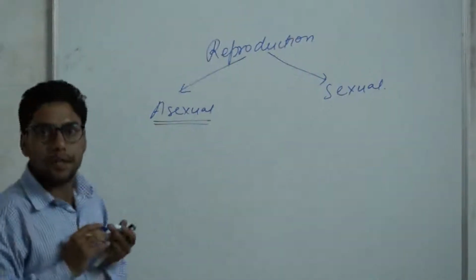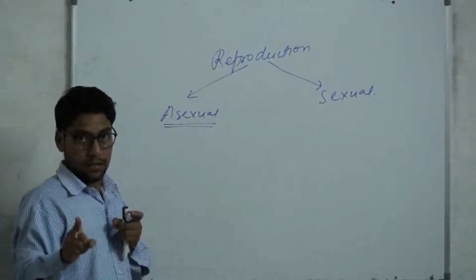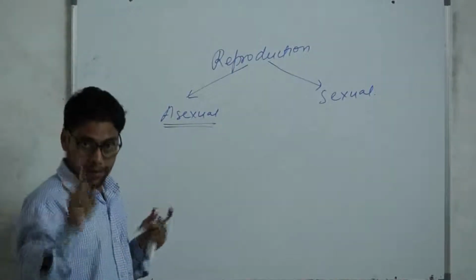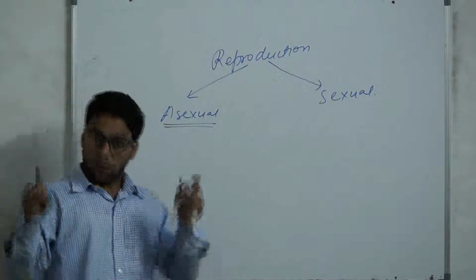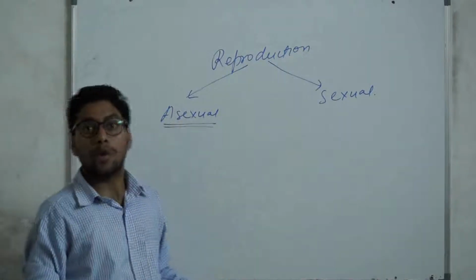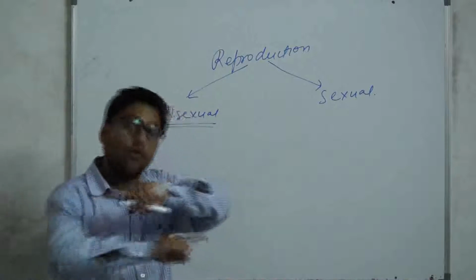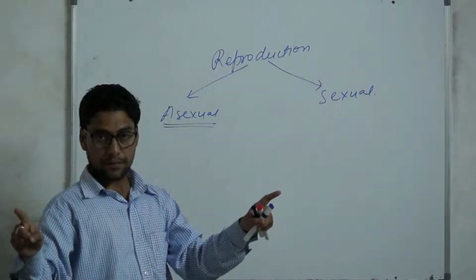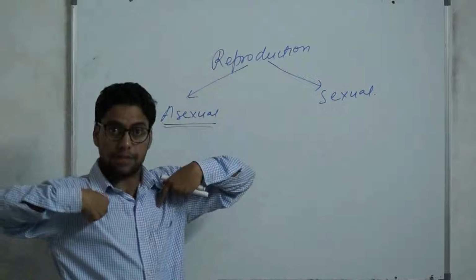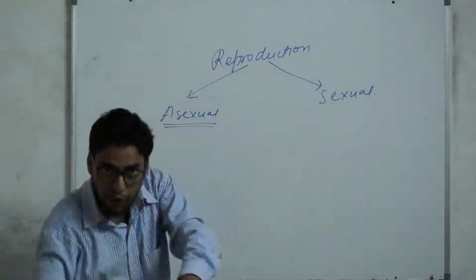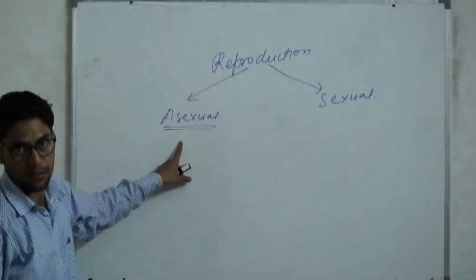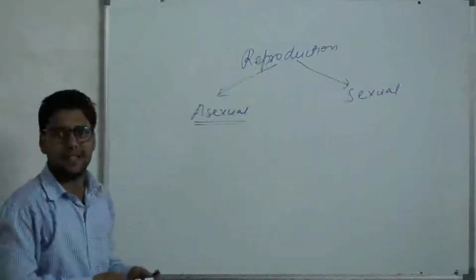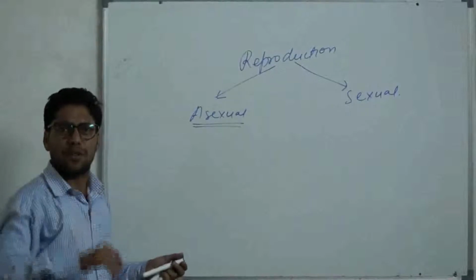What is asexual reproduction? The reproduction in which there is either formation of gametes or no formation of gametes, but the parent organism divides to form two individuals. This is called asexual reproduction. In many books it is written that gametes are not formed.